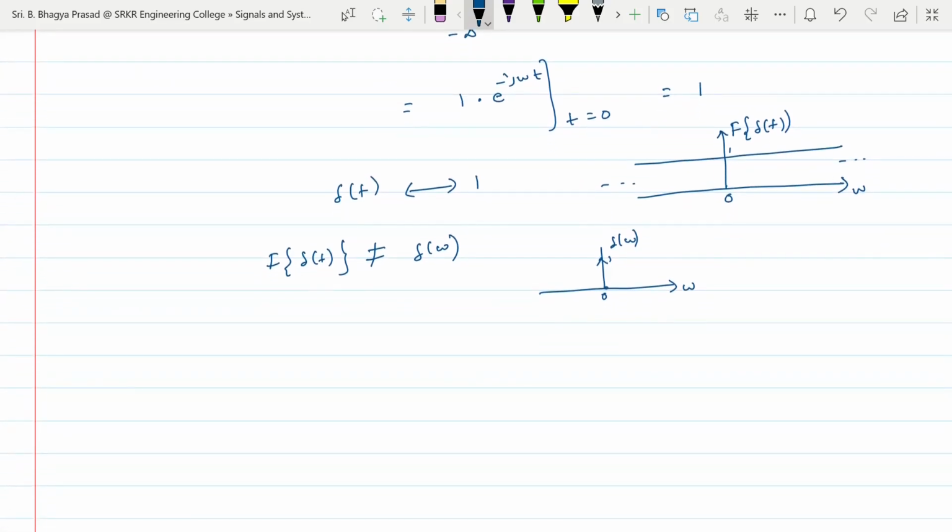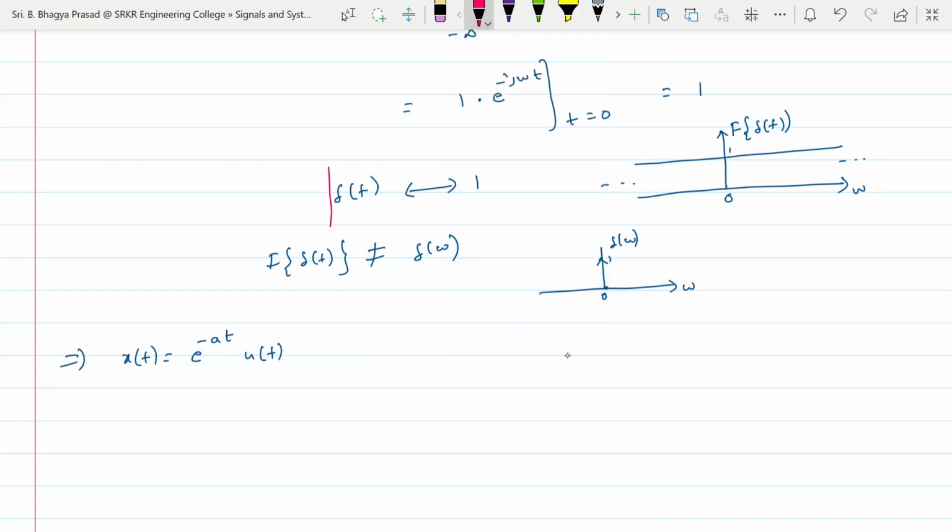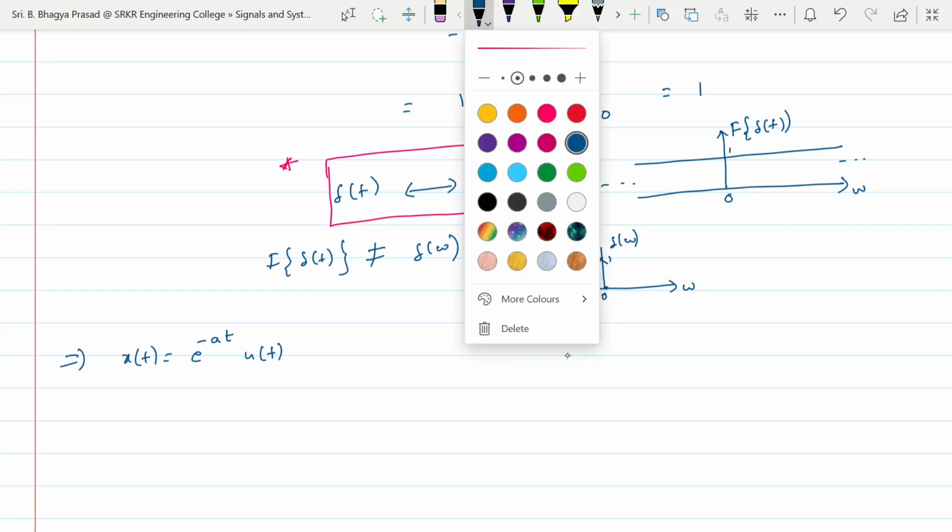Let us see another expression, x of t equal to e power minus at u of t. What we learn now are the standard Fourier transform pairs, and all are very important, because for solving some problems we use all these Fourier transform pairs.